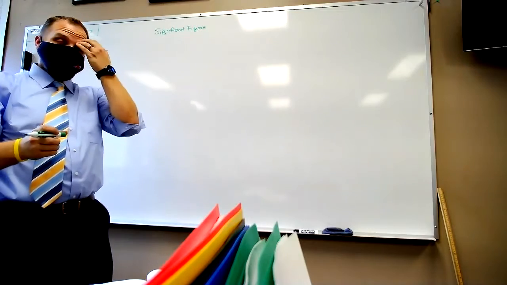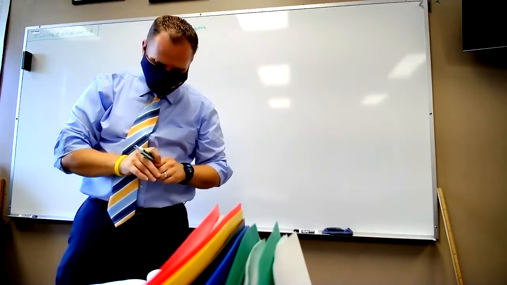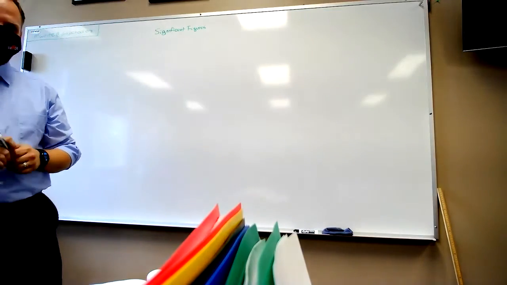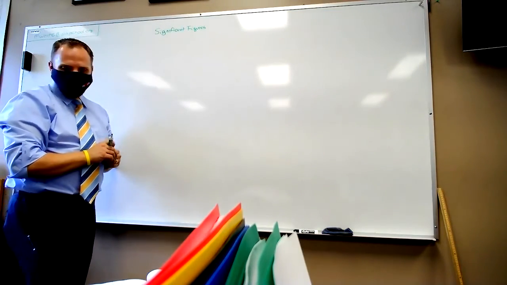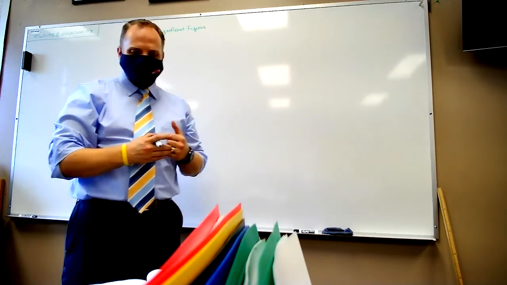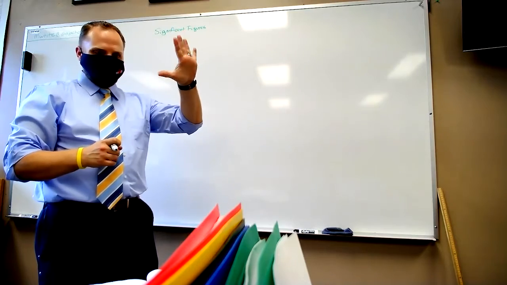Let's just look at the rules first. These are all on page 51, but we'll go over them individually. To just recognize what is a significant figure and what is not, we have these 5 rules.